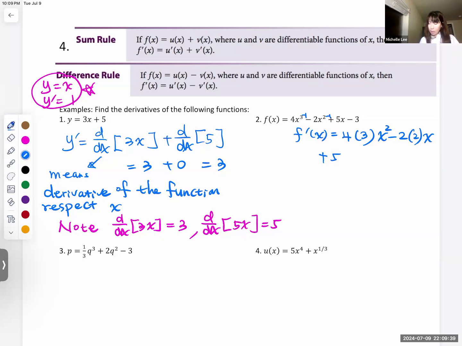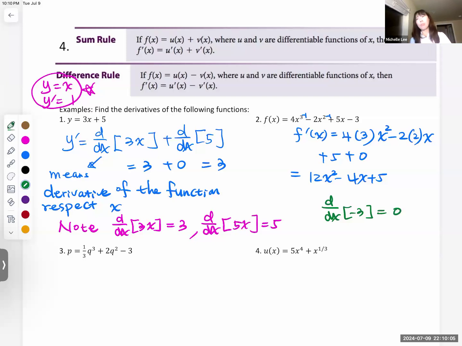Okay, so we have the third term, that's it, right? And then the last term is 0. Then we calculate 12x squared minus 4x plus 5. Is that okay? The constant is 0. Okay, let's move on.